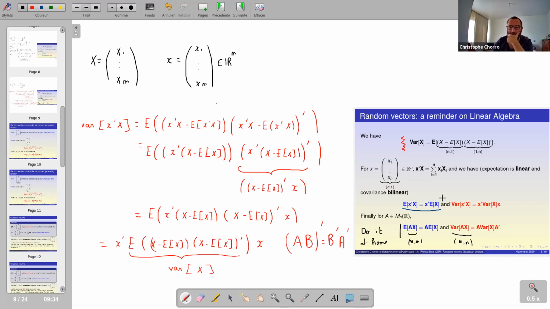So I have seen what the rules of computation of expectation and variance of random vectors are through linear combination.